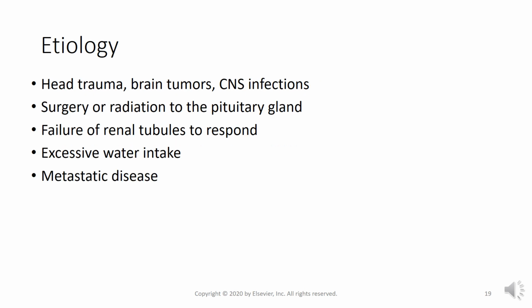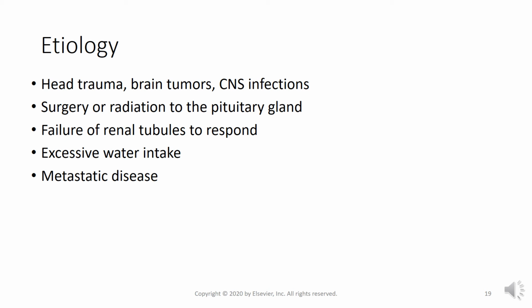Causes of diabetes insipidus can be central, nephrogenic, or primary. Central involves the brain, so trauma, tumor, a CNS infection. It could be secondary to surgery or radiation to the pituitary gland.